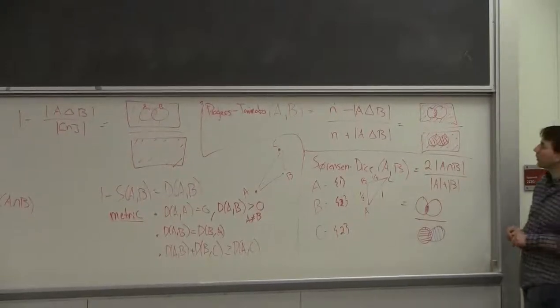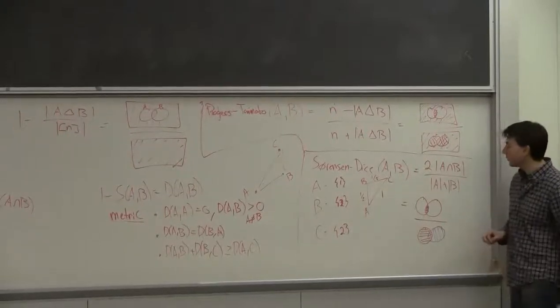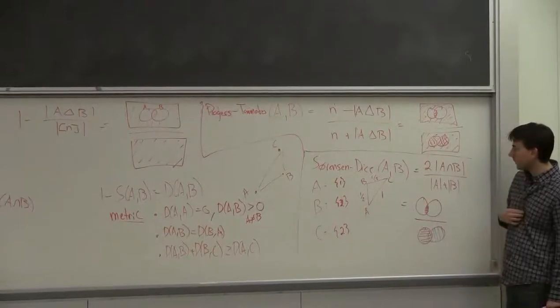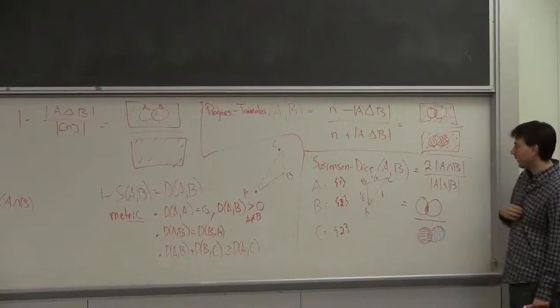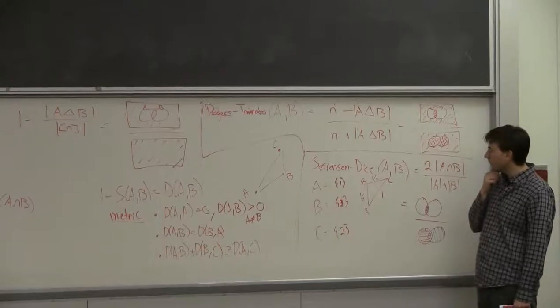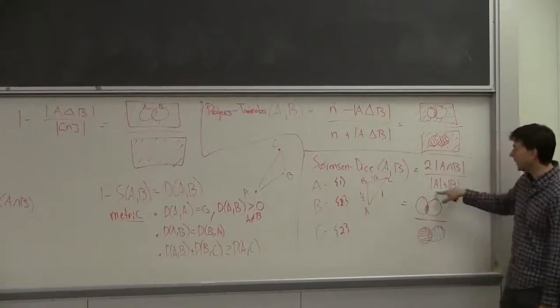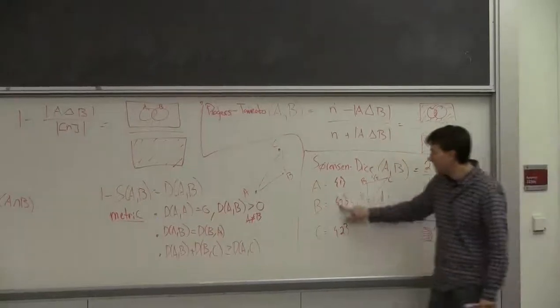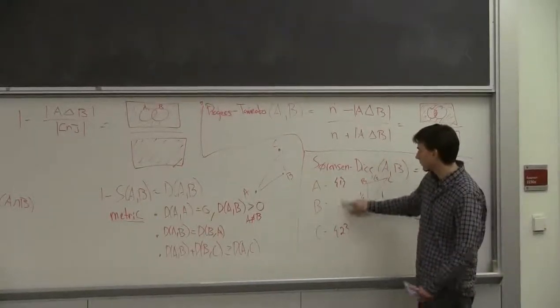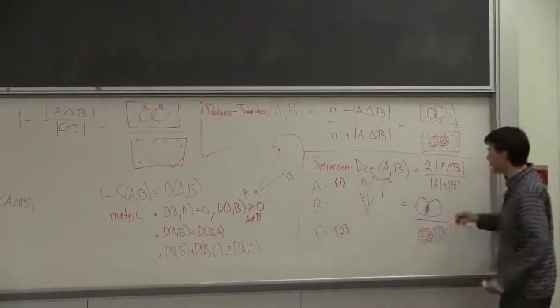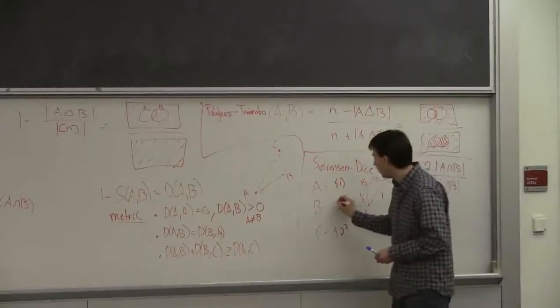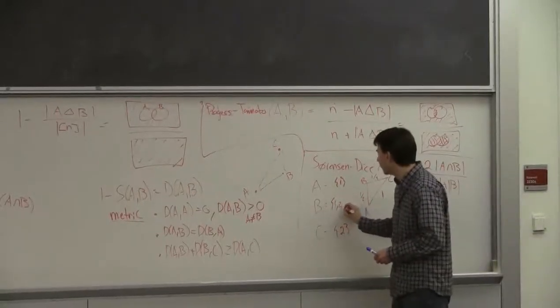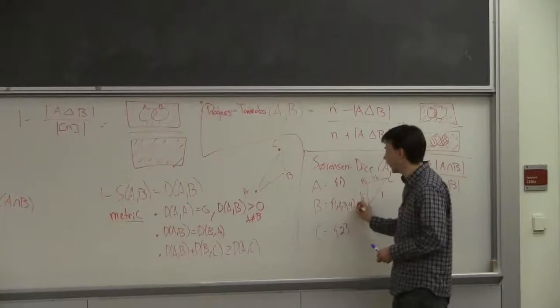Okay, so let's try and make it so that, which set do you want to make large? B has lots of elements, for example, 4. So B is going to have something like 1, 2, 3, and 4.